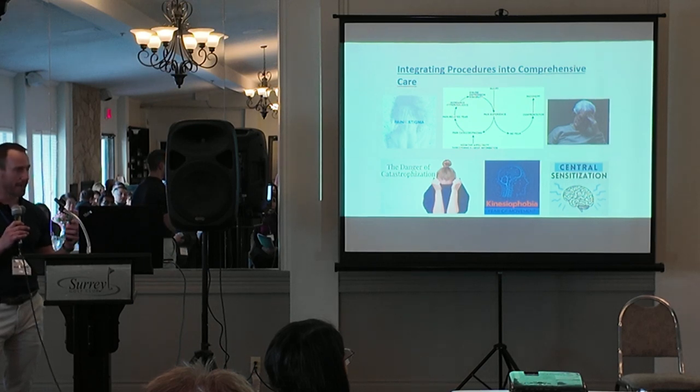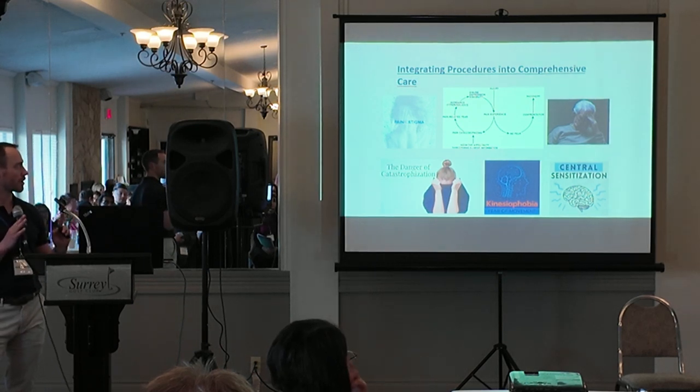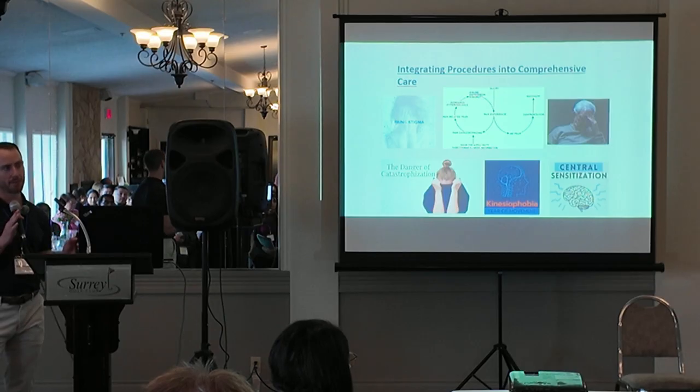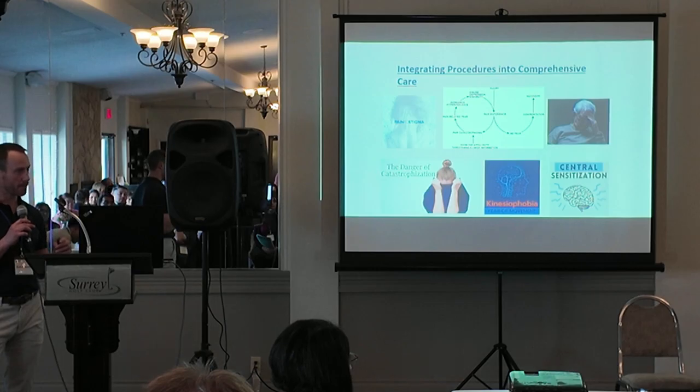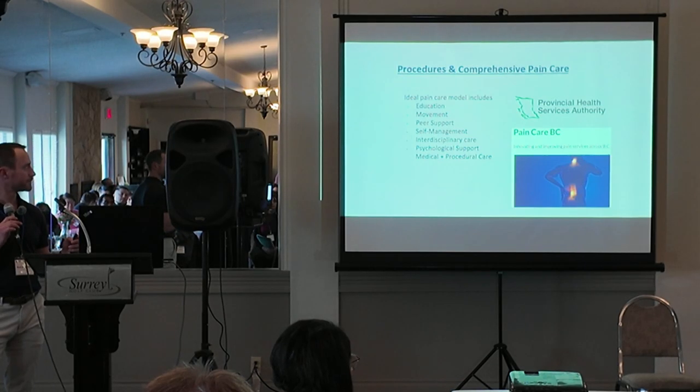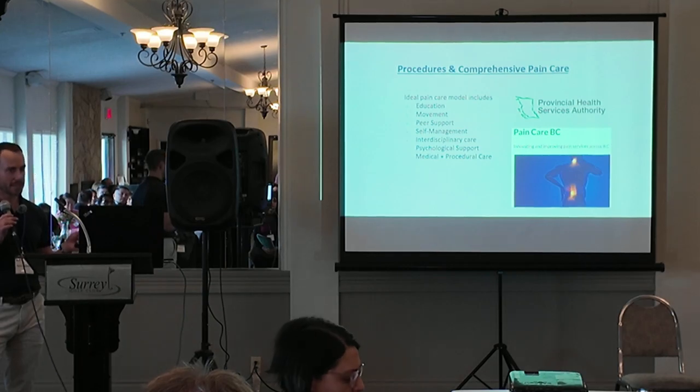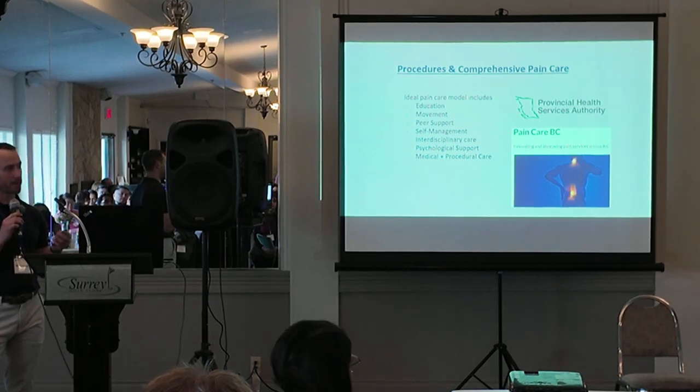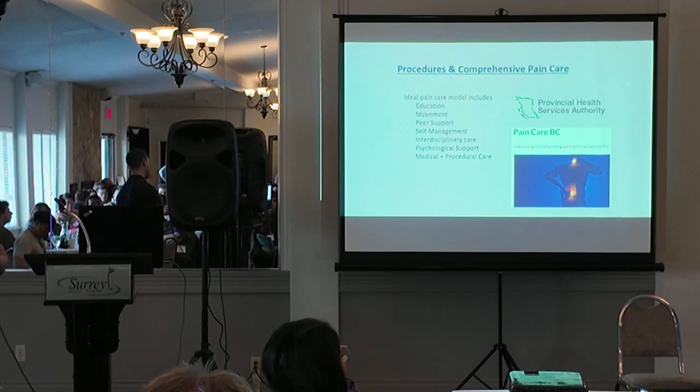Just to circle back a little bit, these procedures are only a part of the much bigger whole. Pain is complex, pain is invisible, pain requires a much broader approach to its management. This is how a comprehensive pain care model would work in BC, and we're close, but we don't quite have it.